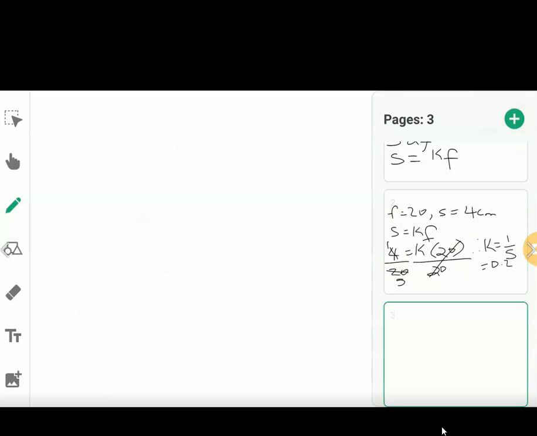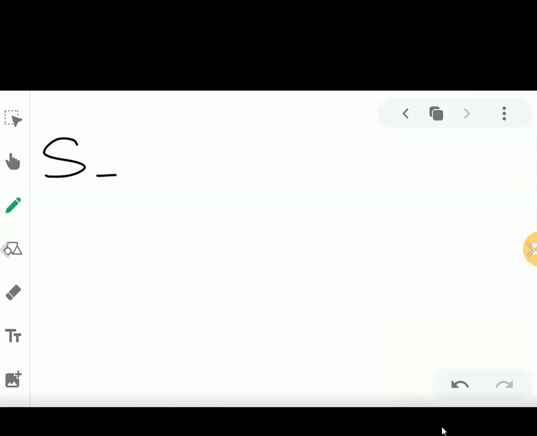Alright, so now that we found K, we can actually answer part A of the question. And it says, what force will produce an increase in length of 7.5 centimeters? So again, we start off with our equation, S equals KF.